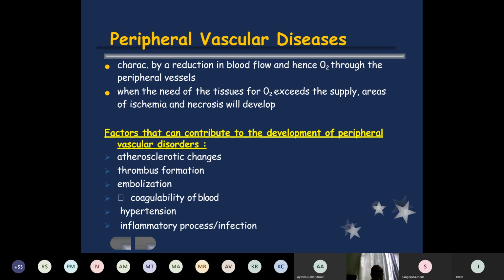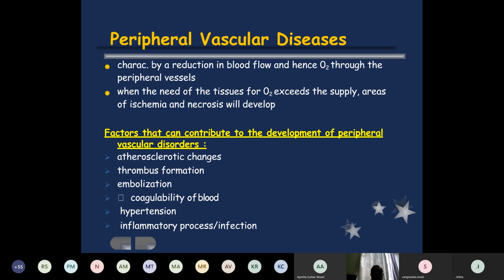Hence, tissue oxygenation or cellular oxygenation is less. When the need of the tissue for oxygenation exceeds the supply, it leads to ischemia and necrosis.